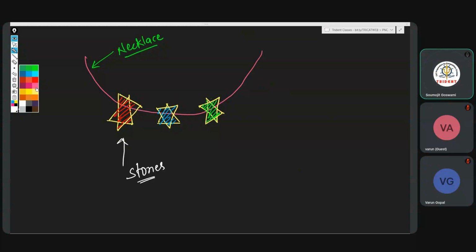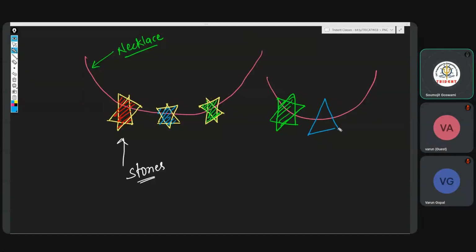Now please understand, if I have the same... Just a second. Let me just quickly draw this thing. And the last one is this one.